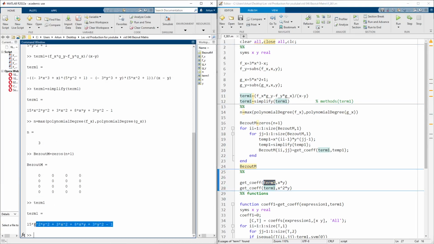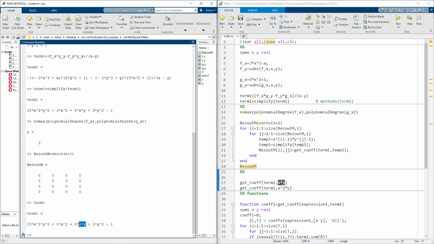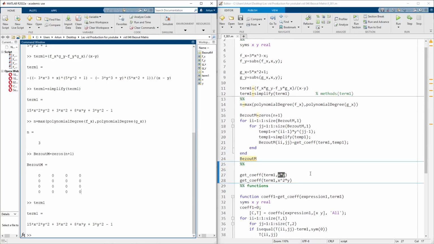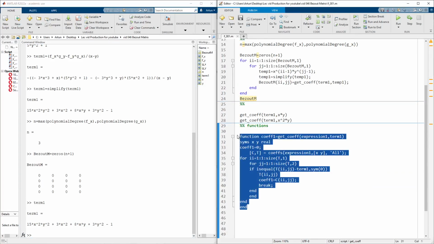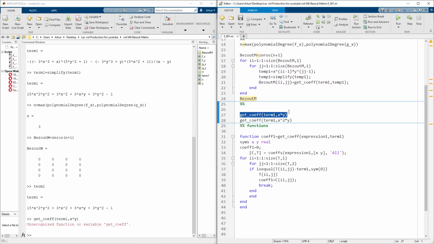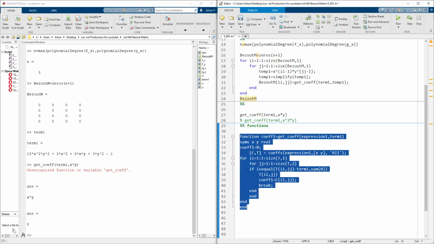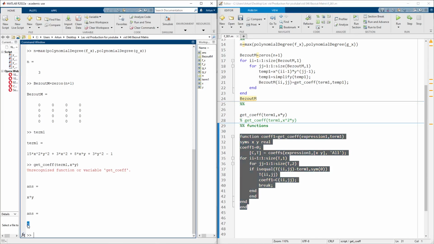This is our expression and we want to get the coefficient of x times y. x times y is 8, so if this function is working properly, it should give us 8. Oh, wait a sec. I need to run it as a section, otherwise it won't consider this function. Okay, and the answer is 8.